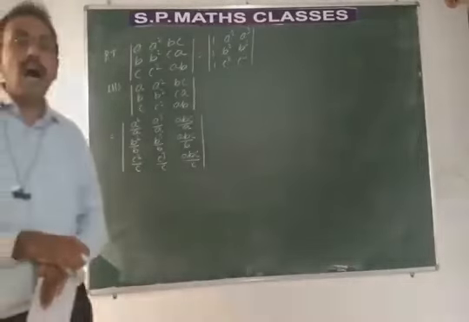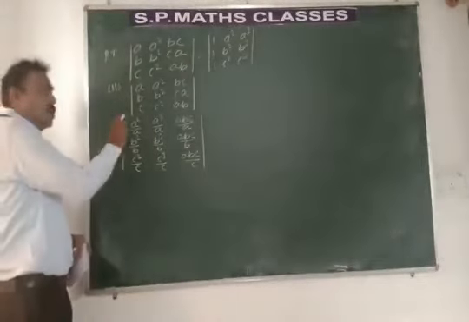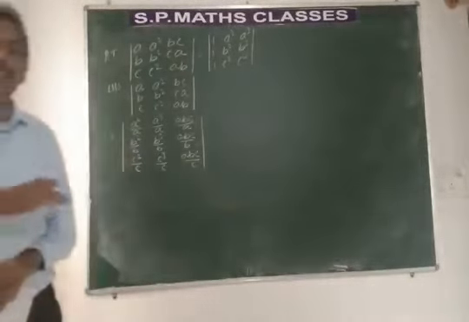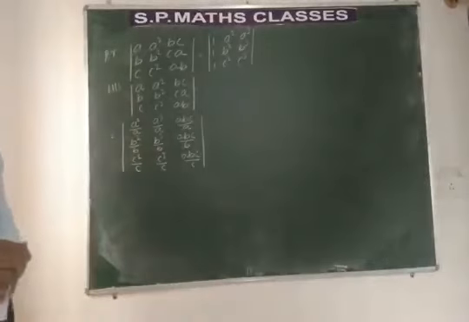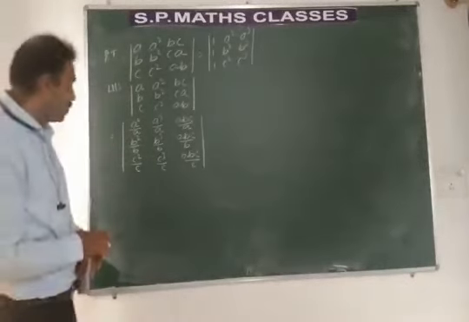R1 dash, that is the first row, multiply and divide by A. Second row, multiply and divide by B. Third row, multiply and divide by C.